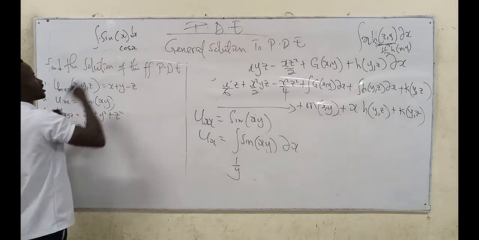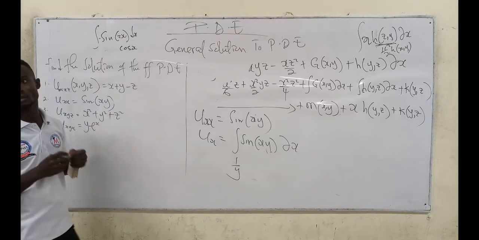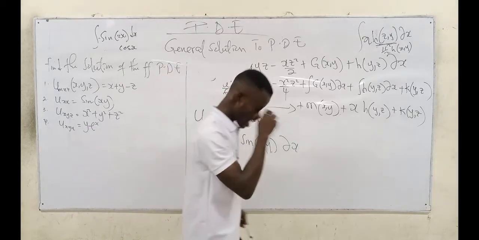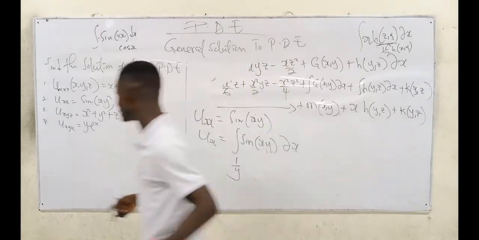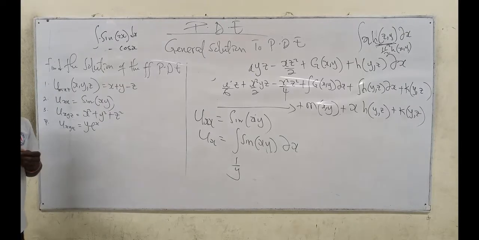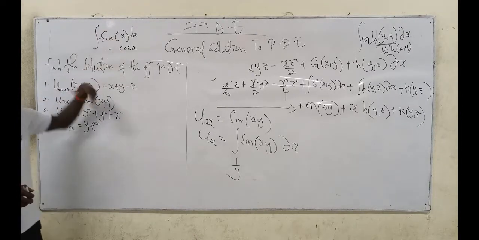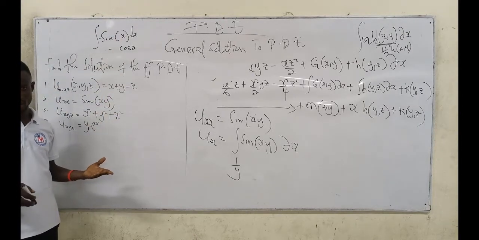If a constant is there, it is still negative cos. See, if you integrate this, you get negative cos x.